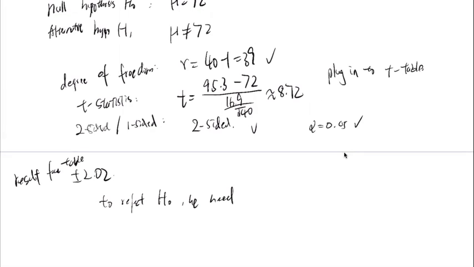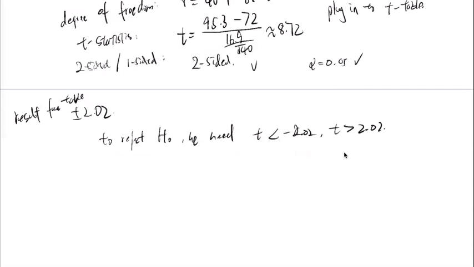we need t to be less than negative 2.02 or t to be greater than 2.02. Our calculated t-statistic is roughly 8.72, which is greater than 2.02, so we can reject our null hypothesis.